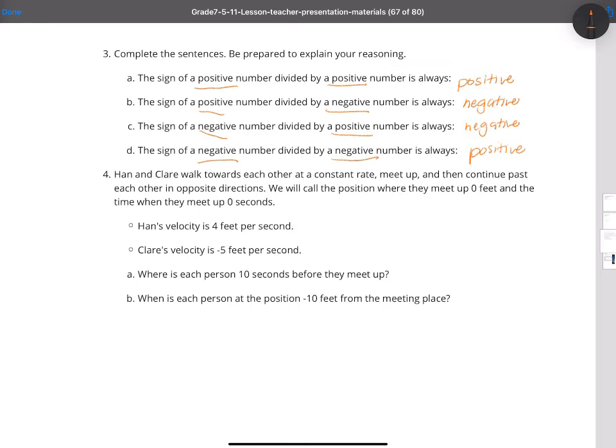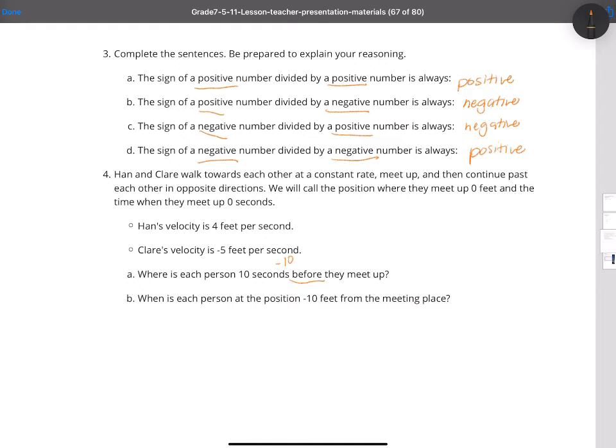So where is each person 10 seconds before they meet up? If it's 10 seconds before, it should be negative, like a -10. Why? Because it's before it.